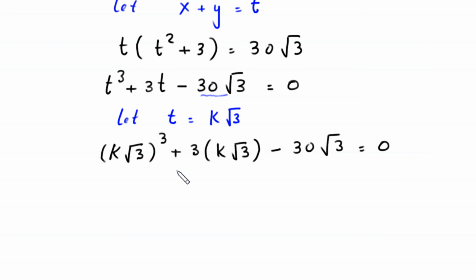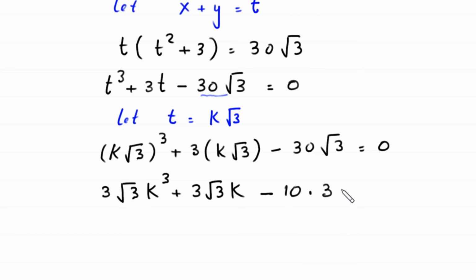Root 3 cubed will become 3 times root 3, and k cubed plus this will become 3 times root 3 times k, minus this 30 times root 3 which can be written as 10 times 3 times root 3 equal to 0.